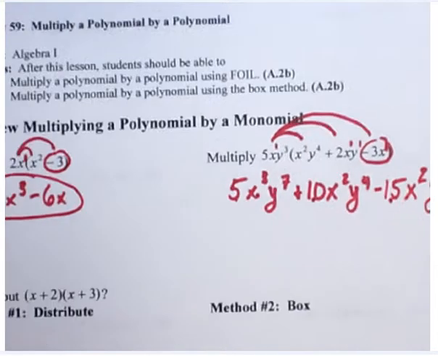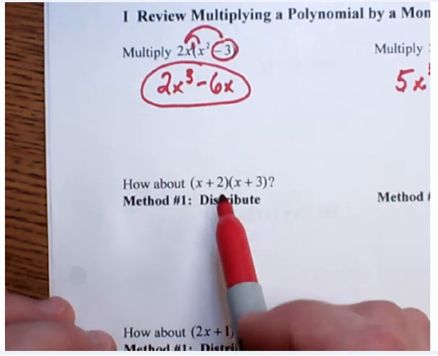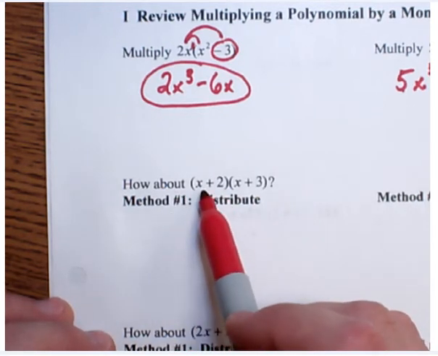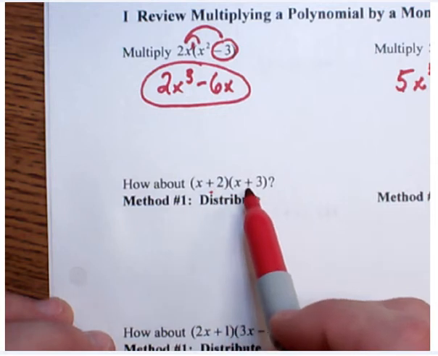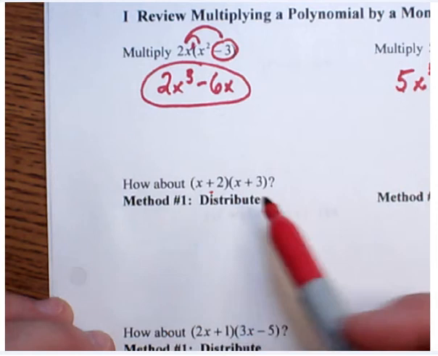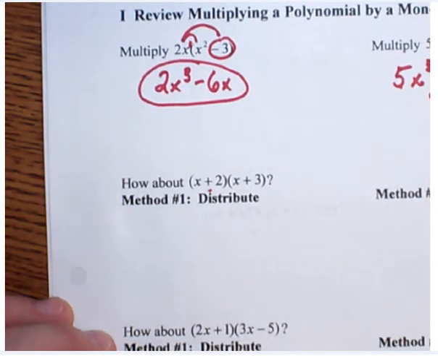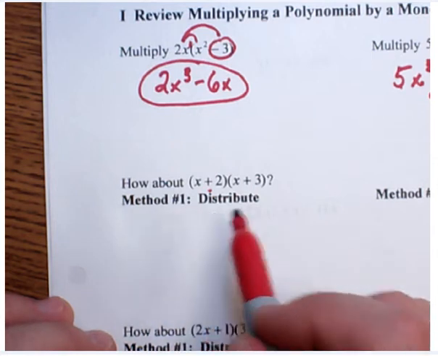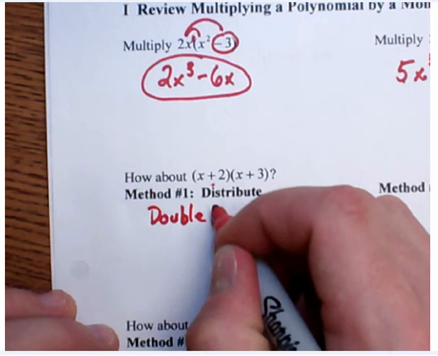All right, now, what happens though with a problem like this one? It says multiply x plus 2 times x plus 3. So we're going to multiply these two binomials. Well, you've got two choices. The first one is you can distribute, or what I would call you double distribute.